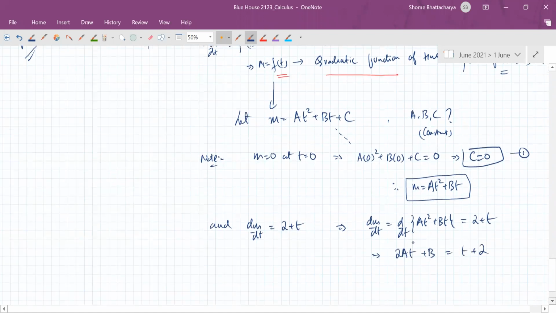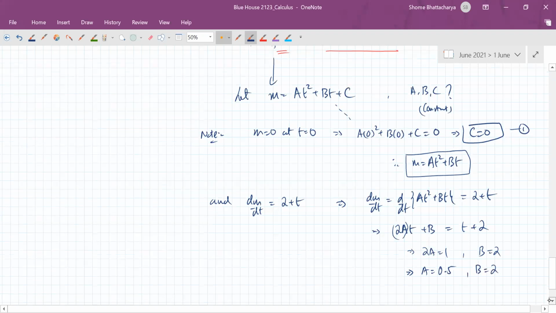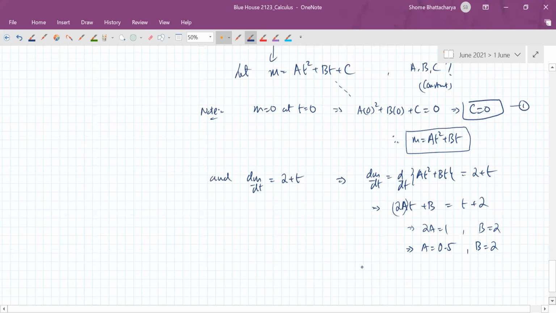So what is the coefficient of t on the left hand side? It's 2a. What is the coefficient on the right hand side? It's unity. So 2a should be equal to 1. And what is the constant term? On the left it's b. On the right hand side, what is the constant term? It's 2. So that means a is equal to half or 0.5 and b is equal to 2. So what about the function m now?